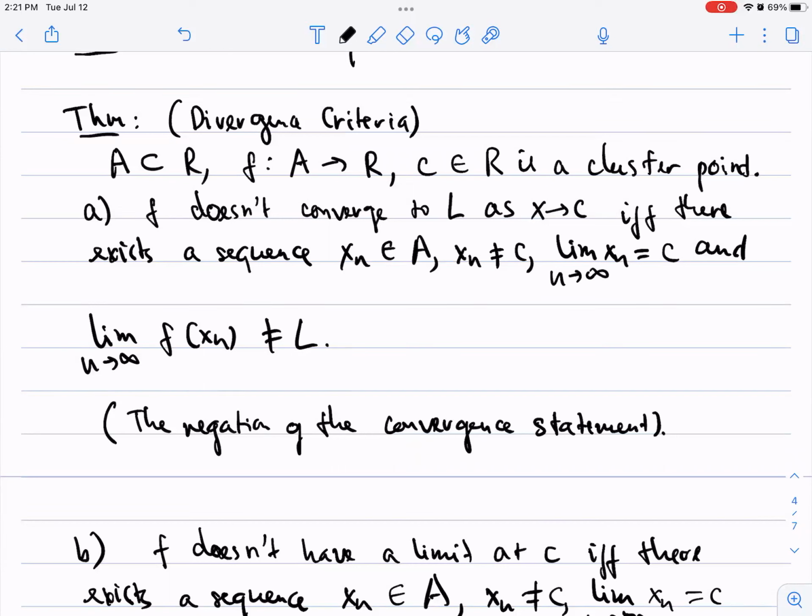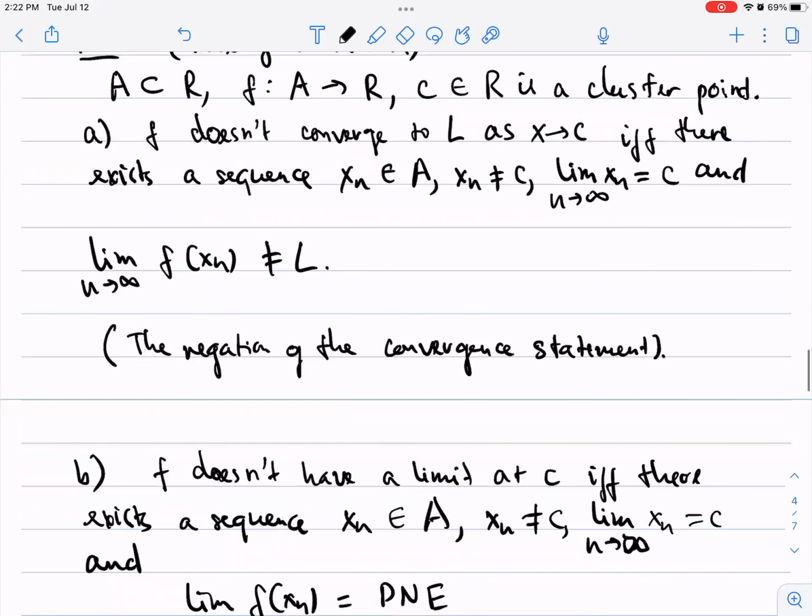Let A be a subset of the set of real numbers, f a function from A to the set of all real numbers, and c a cluster point. f doesn't converge to some number L as x approaches c if and only if there exists a sequence x_n in A, x_n different from c, with the limit of x_n equal to c, and the limit of f(x_n) not equal to L. So this is essentially just the negation of the convergence statement.